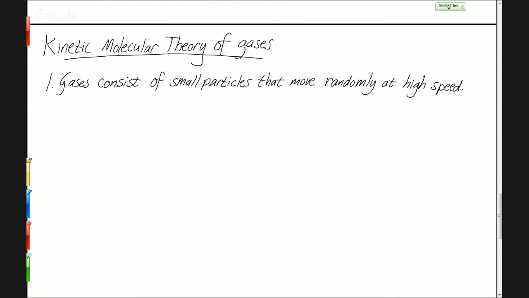So tiny, tiny particles moving really quickly. That's pretty straightforward.